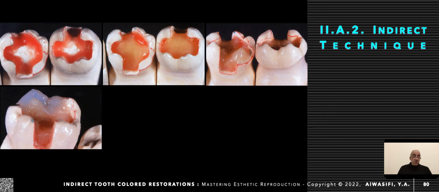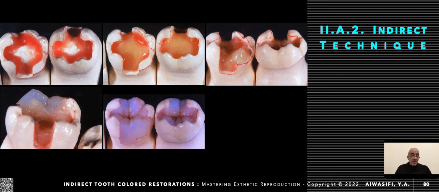This is a cross section showing the layering or incremental building of dentine structure followed by enamel structure, and this is the case after initial light curing. You could note the importance of red pencil marking of the margins, which allows you to define where to stop your building and where to stop your finishing.